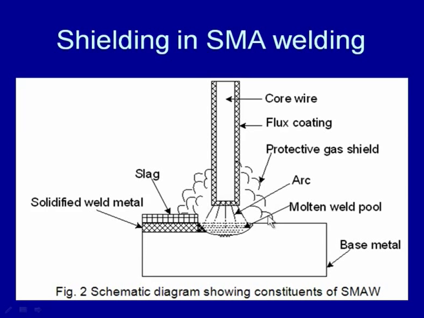As the electrode moves forward, the molten weld metal solidifies and results in metallic continuity to produce the weld joint. This is how shielding is provided in the shielded metal arc welding process.